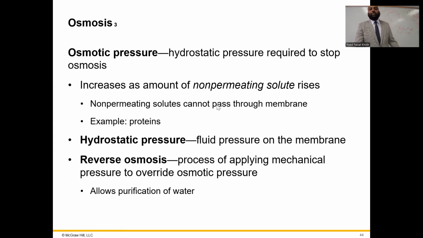Non-permeating solutes cannot pass through the membrane, like proteins. Hydrostatic pressure is the fluid pressure on the membrane. And reverse osmosis is the process of applying mechanical pressure to override the osmotic pressure. Okay.